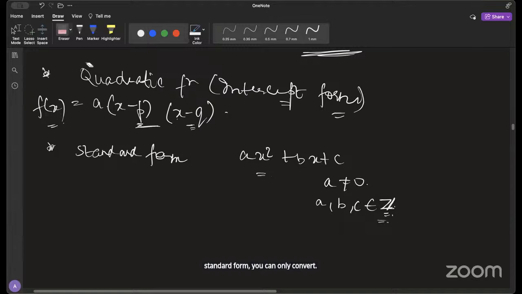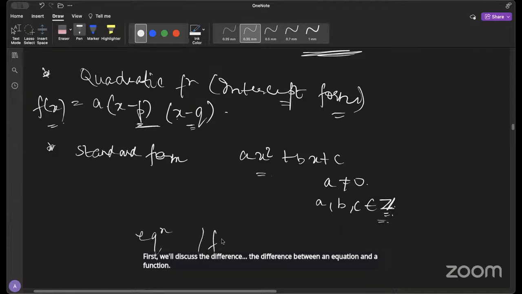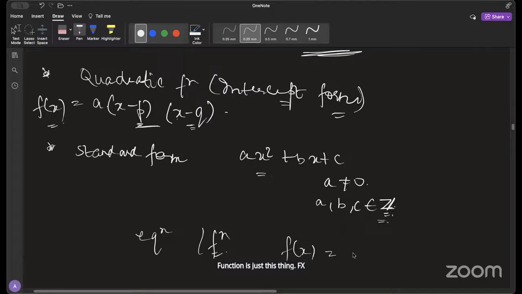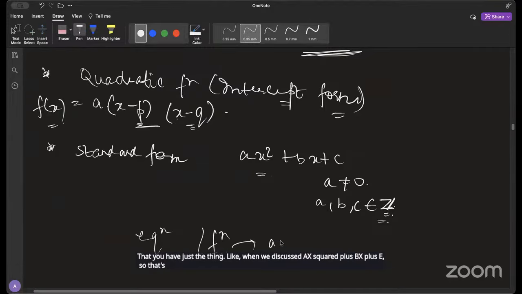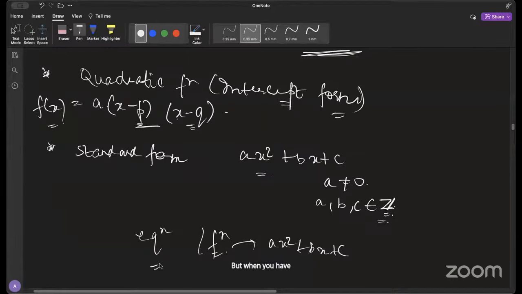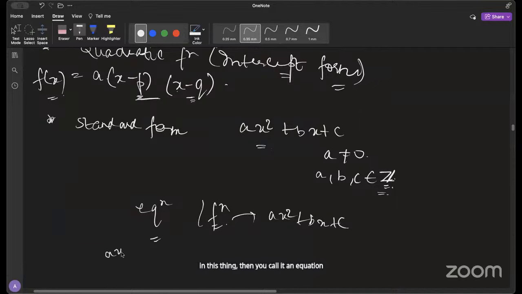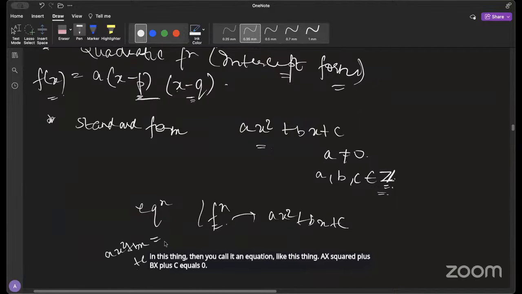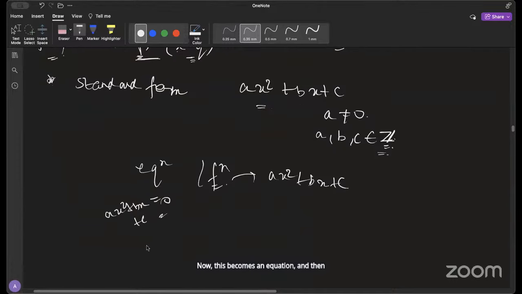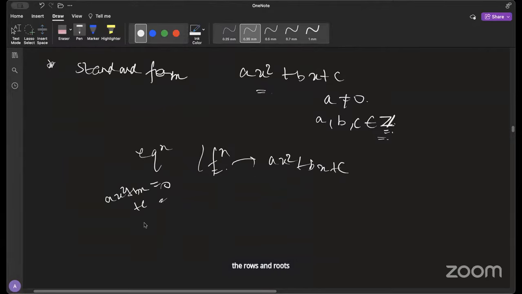First, we'll discuss the difference between an equation and a function. f(x) equals something is your function, like ax² + bx + c. But when you have an equal sign involved, then you call it an equation, like ax² + bx + c = 0.